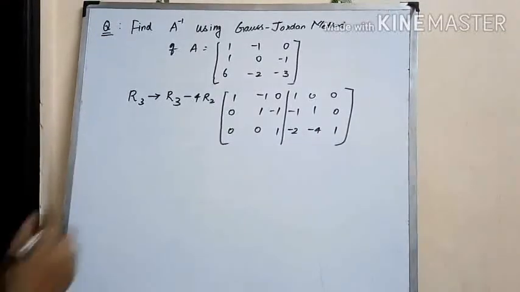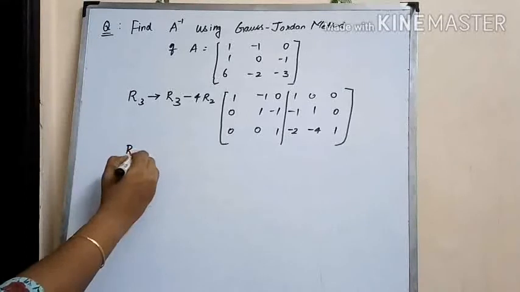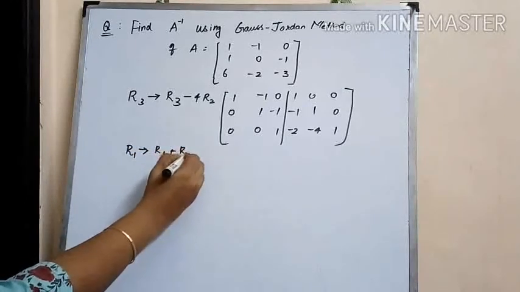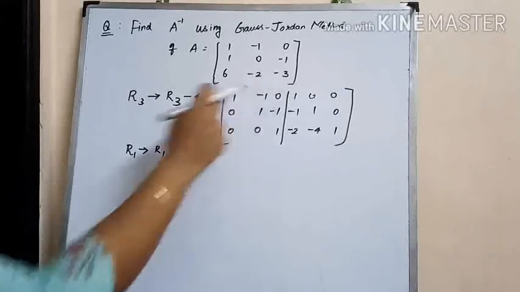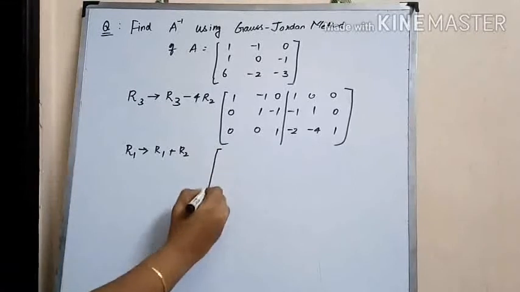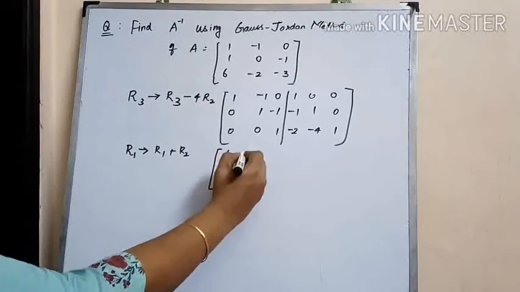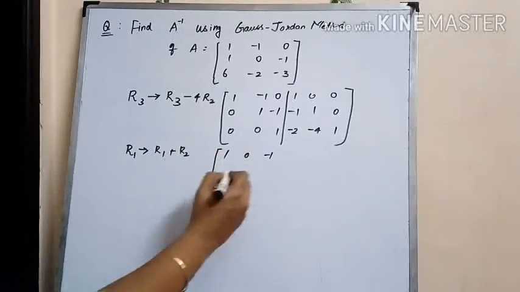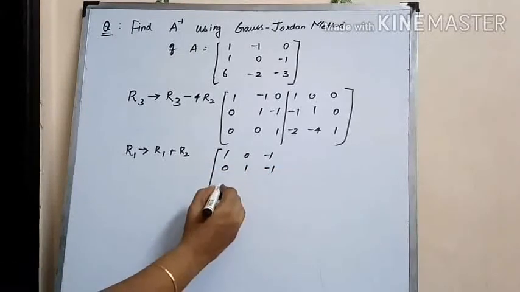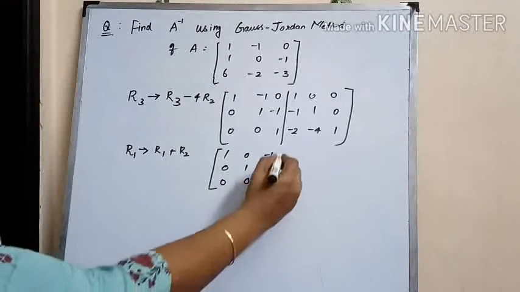So the next row operation is R1 plus R2. Here you have 1, so this should change to 0. For that we make this operation. So 1, 0, minus 1 we get again, then 0, 1, minus 1 and 0, 0, 1.